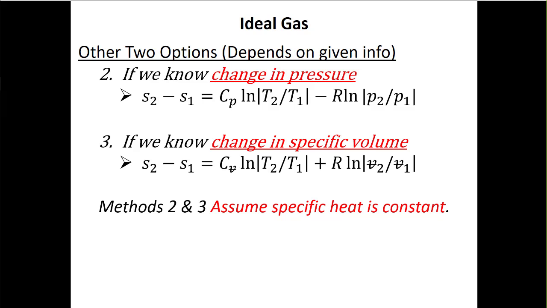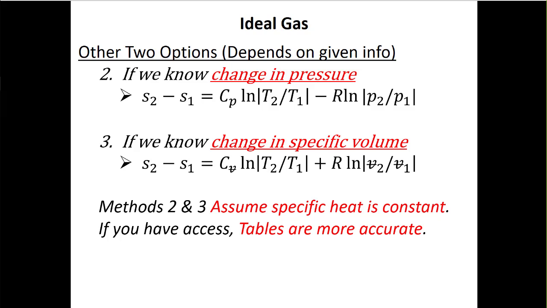So when we're talking about open systems, when we're talking about variable specific heat analysis, we have to remember that the accuracy of that type of solution method is higher than constant specific heat. They'll be pretty similar in accuracy as the temperature differences are small, but as the temperature differences get bigger and bigger, these constant specific heat equations step further and further away from reality.